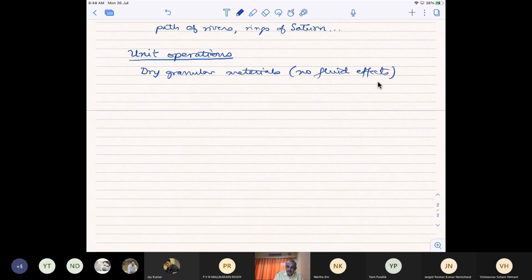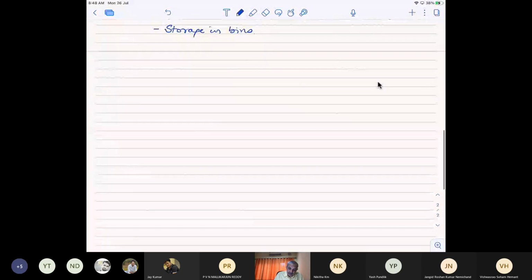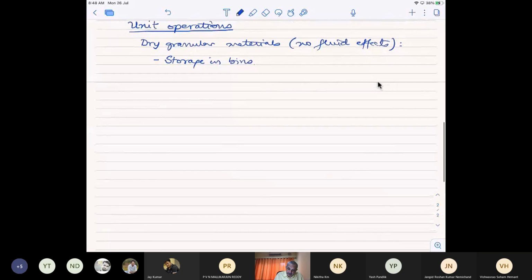So it's just particle to particle interactions. And there are many examples. For example, storage in bins. And we'll analyze this. What is there to study in storage in bins? So that is one thing that's quite important.